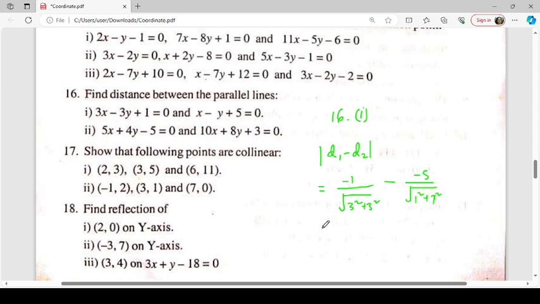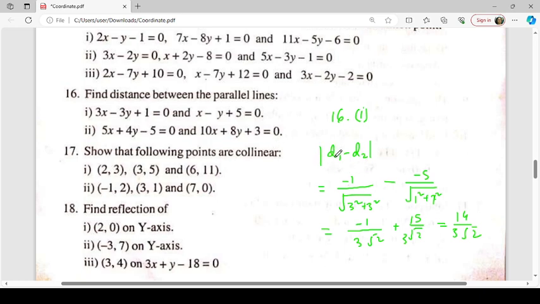Simplified, this is equal to 3 root 2, it is minus 1 by 3 root 2 plus 5 by root 2. So 5 times 3 is 15, then 15 minus 1 is 14, so it is 14 by 3 root 2. So this is the distance.